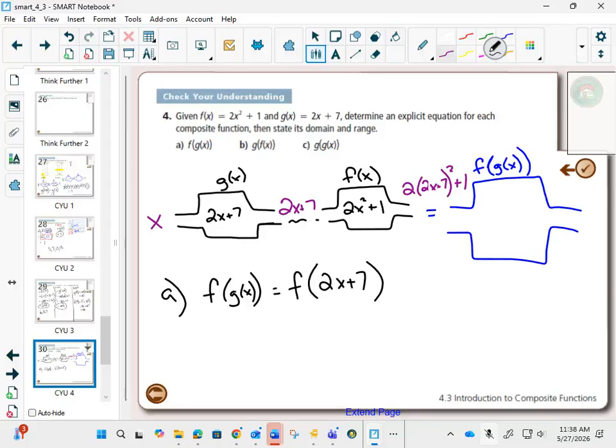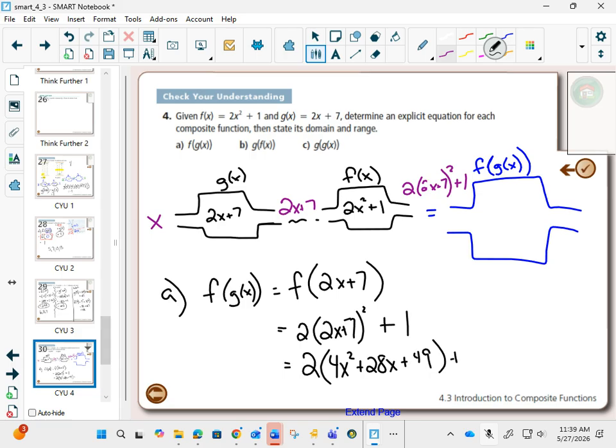If you put 2x plus 7 into f, well, the f machine says whatever you plug in gets squared. So the 2x plus 7 would get squared. Then it gets doubled, times 2, and then you add 1. And if we do order of operations here, squaring this will be 4x squared plus 28x plus 49, still plus 1.